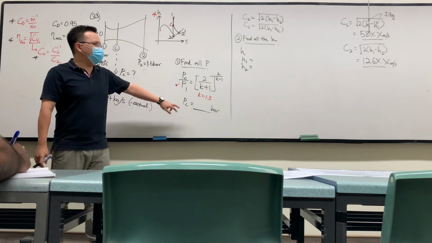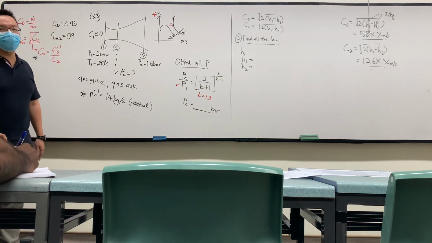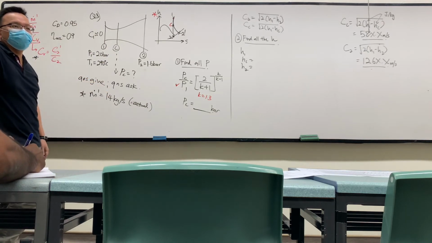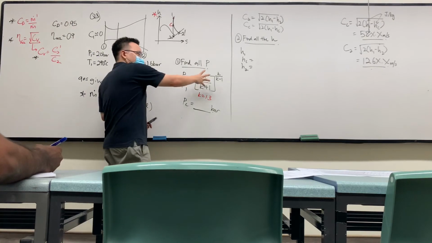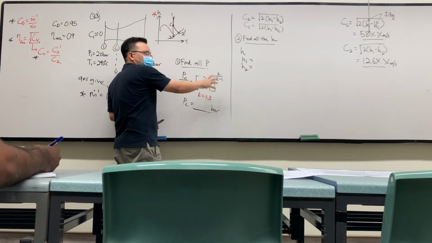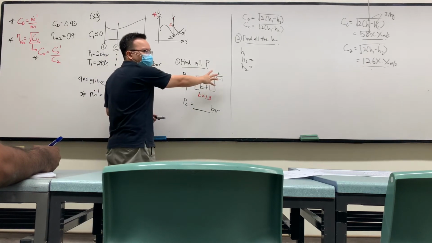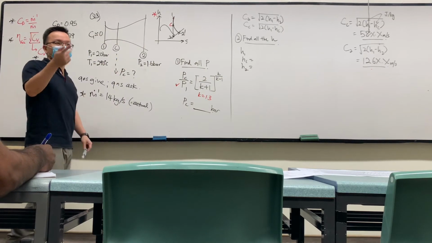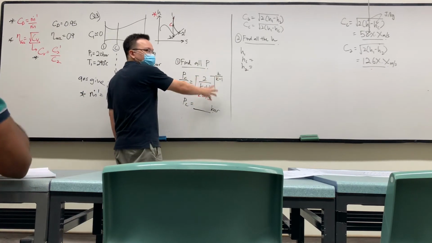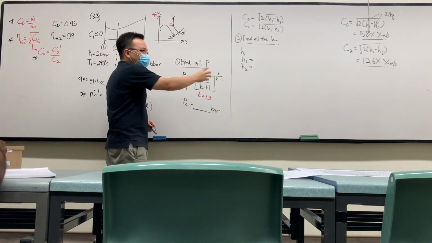K is only 1.3. You can always assume 1.3. If you are observant, this whole value here is fixed, it's always 0.54. If you want to memorize, you can just memorize the number, but they only give you the equation.